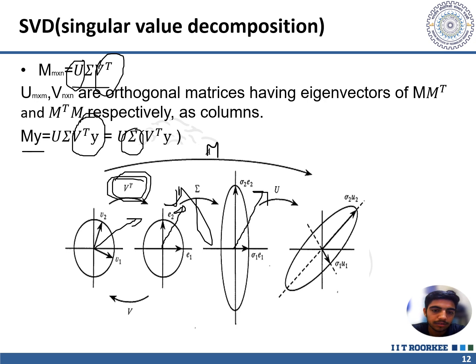After that the orthogonal matrix U comes into play, and when this vector is multiplied by the orthogonal matrix, it will be rotated, keeping the angles between the axes, with the eigenvectors of M M transpose, which are the columns of U, as the basis.